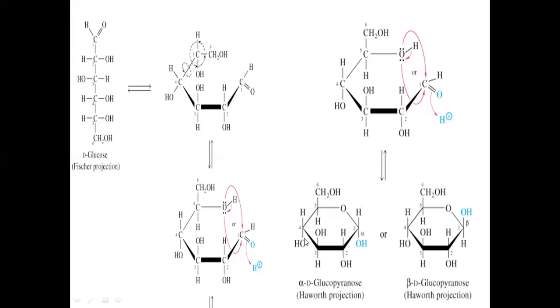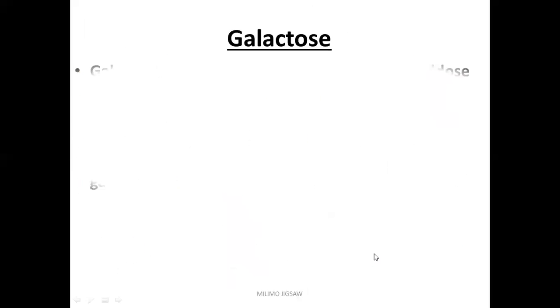So galactose is a stereoisomer of glucose because the OH on carbon 4 of glucose is below the plane. However, when you go to galactose, the OH at carbon 4 is above the plane. Let's look at galactose.